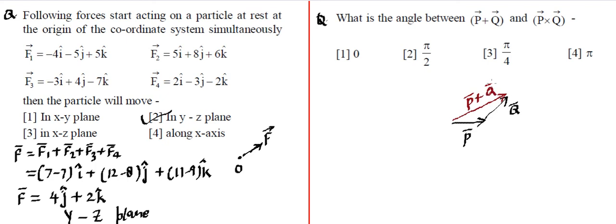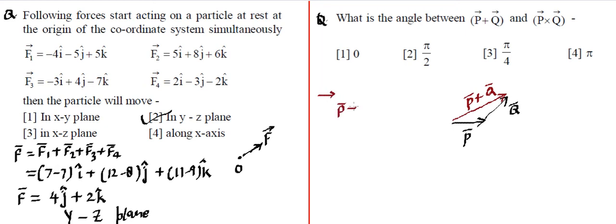We can think of this P plus Q vector as being in the plane of P vector and Q vector, because this is a triangle and triangle formation takes place in a plane. That means the P plus Q vector will be lying in the plane of P vector and Q vector. So this is the conclusion that we can understand from now onward.